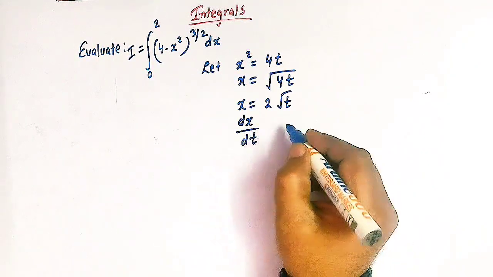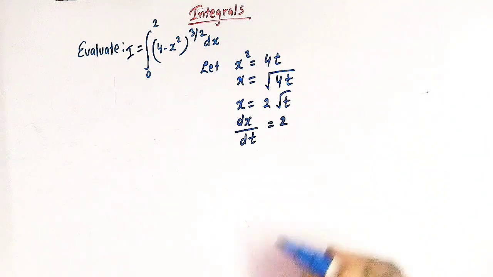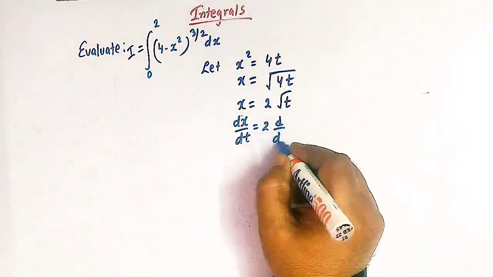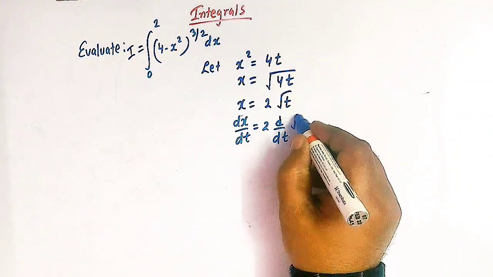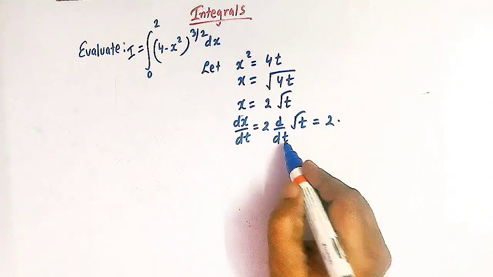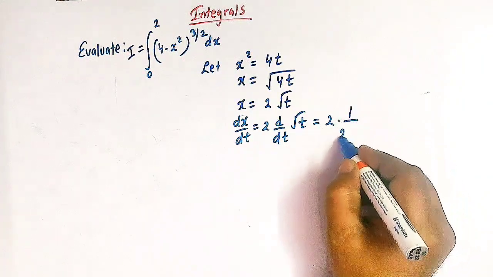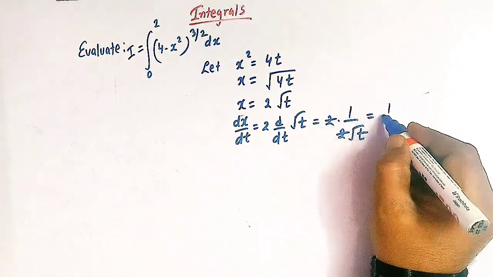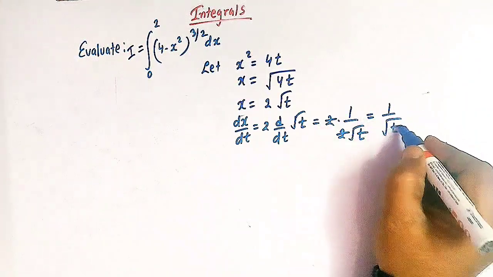So let us differentiate x with respect to t. dx/dt is equal to 2 times the derivative of the square root of t, right? And the derivative of the square root of t with respect to t is 1 over 2 times the square root of t. 2 and 2 get cancelled, and we have 1 over the square root of t.